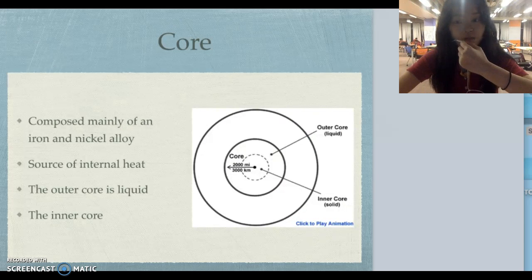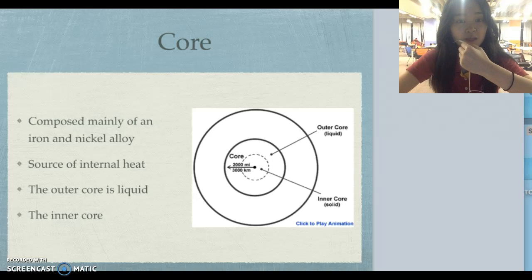So the first vocabulary is core. The core is composed mainly of an iron and nickel alloy. We can see the inner core and the outer core compose the core.